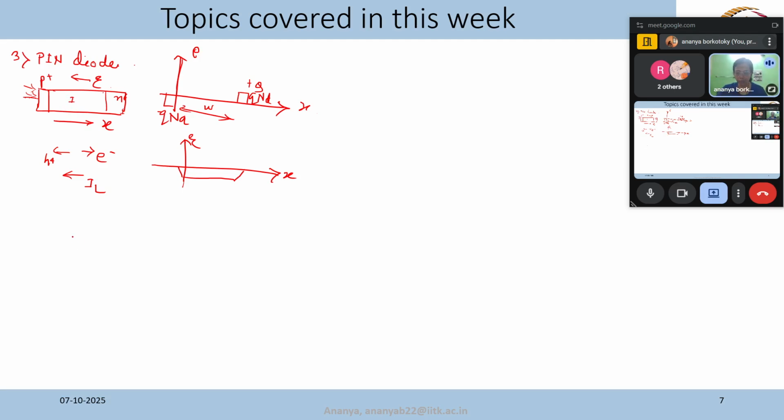How we can derive the current expression in a PIN diode was discussed in the class.